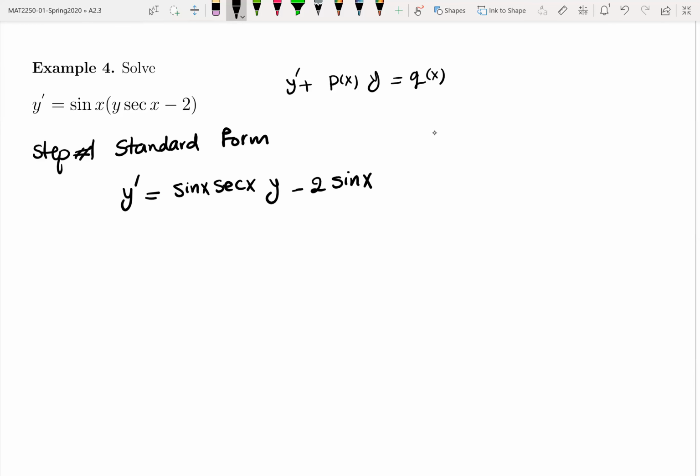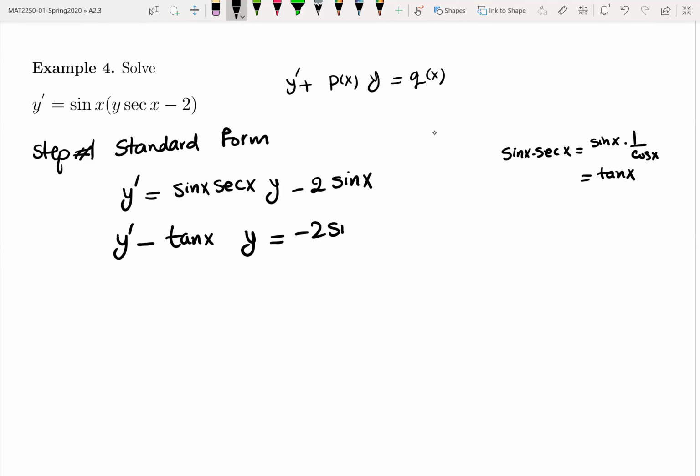Can I simplify sine of x times secant of x to the tangent? Is that true? Right. So that gives me y prime minus tangent of x times y equals negative 2 sine of x.